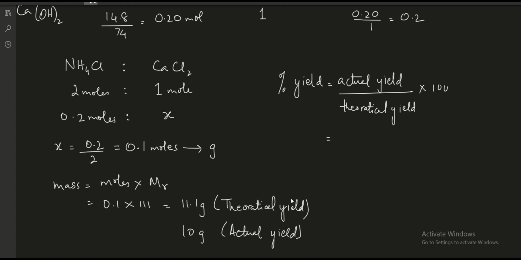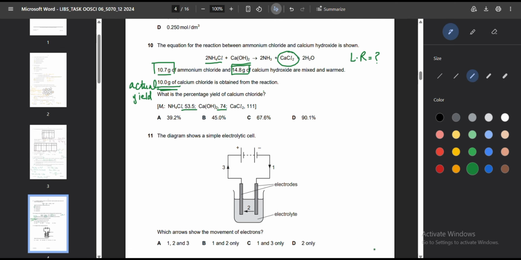So it is 10 divided by 11.1 multiplied by 100. So the answer is 90.09, or you can say 90.1%. So let's see the correct option. It is option D.